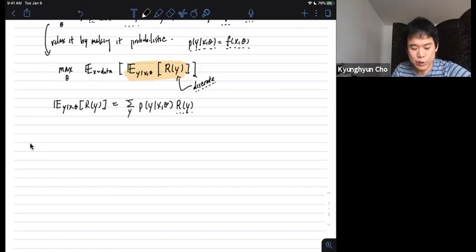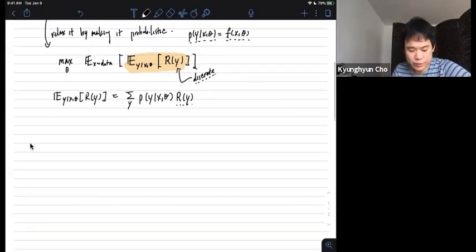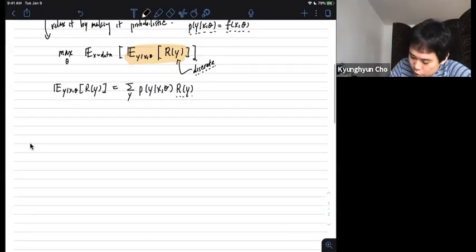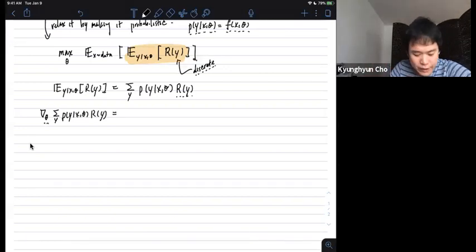This is just the expected reward. I just wrote the definition of the expectation. And if I wanted to look at the gradient of this expectation with respect to theta, it turned out, because it's just discrete and finite, we can swap the order of the summation and the gradient operation here.